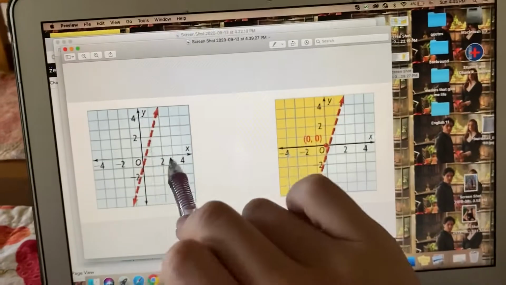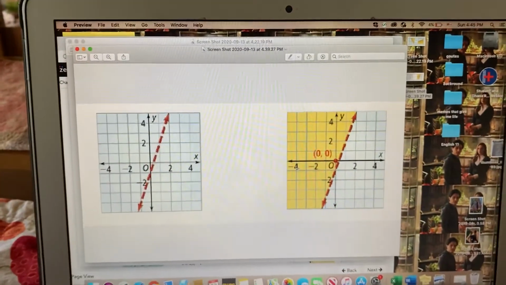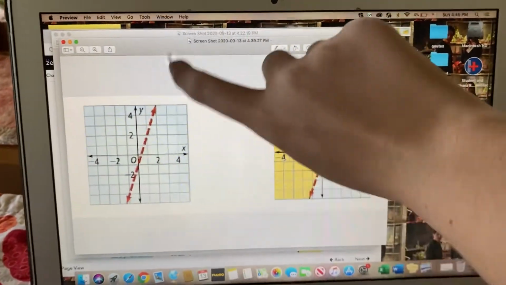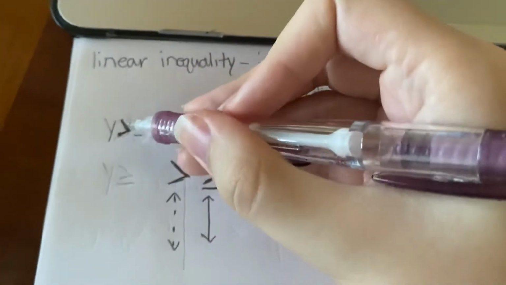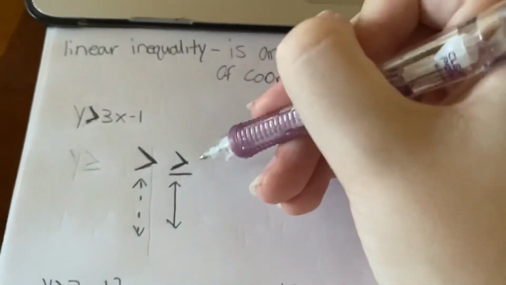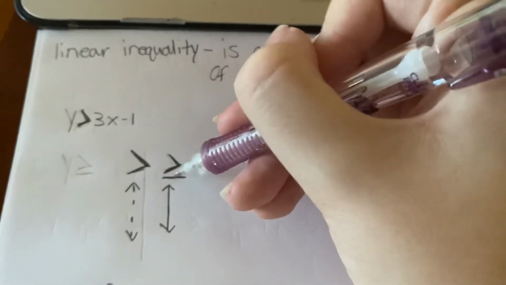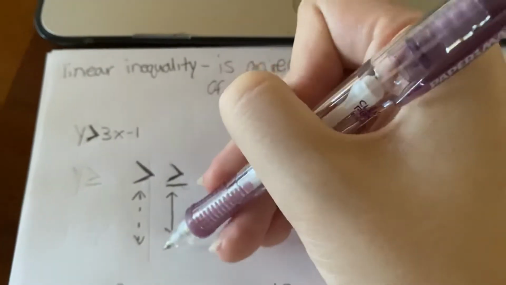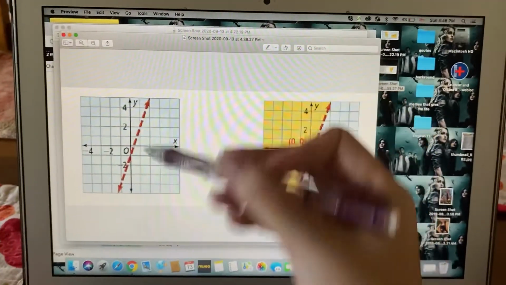So we mapped it out, but you see how this is a dotted line? That is because if it is only greater than, then it's going to be a dotted line. But if it was greater than or equal to 3x minus 1, it would be a solid line. So that's why it is just dotted.